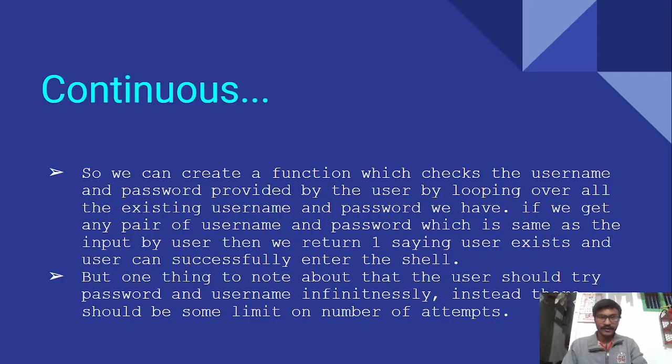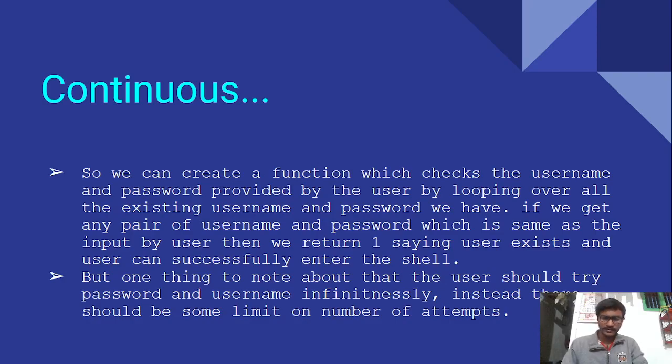So we can create a function which checks the username and the password provided by the user by looping over all the existing usernames and passwords we have. If we get any pair of username and password which is the same as the input by the user, then we return 1, which means that the user exists and can successfully enter the shell.